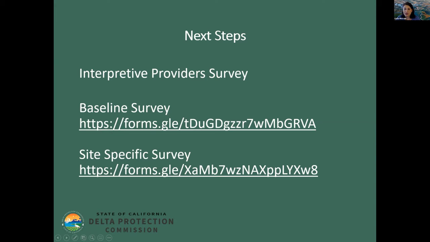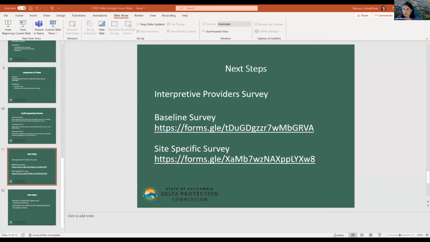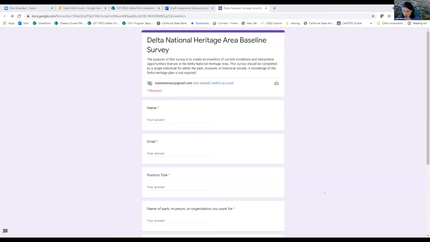I can click on it and see if I can share it. Here it goes. I'm going to stop sharing, and then I'm going to reshare my screen to give you guys an example and why we're using this. Okay.